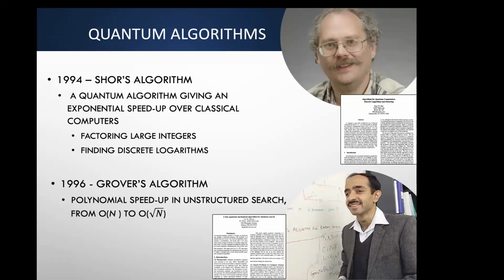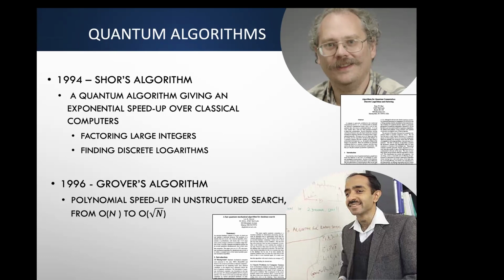Okay, so why have cryptographers been focusing on these? That's because in the 1990s, 2 algorithms were discovered that would have a very large impact with regards to the crypto systems which we use today. The first of these is due to Dr. Peter Shor, who discovered an algorithm that we now call Shor's algorithm that would solve 2 different mathematical problems, the integer factorization and what's called the discrete logarithm problem.